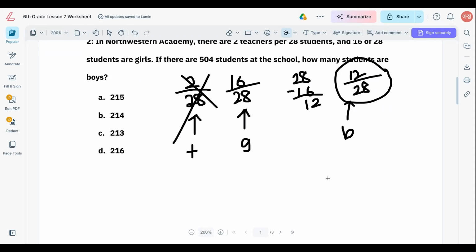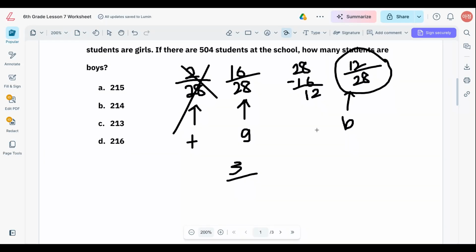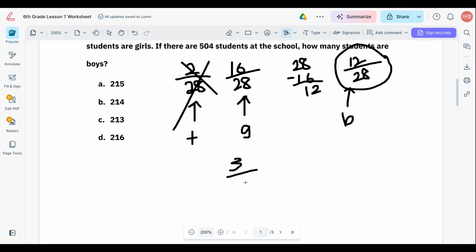Actually, we can do it by 4. 12 divided by 4 is 3, and 28 divided by 4 is 7. So this is the same thing as 12 over 28, just simplified by dividing by 4 on the numerator and the denominator. Okay?